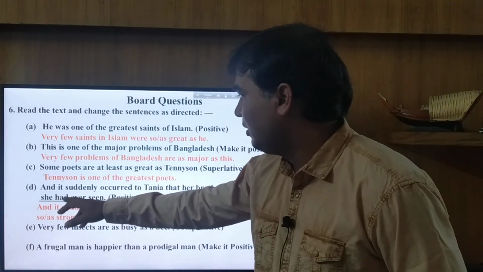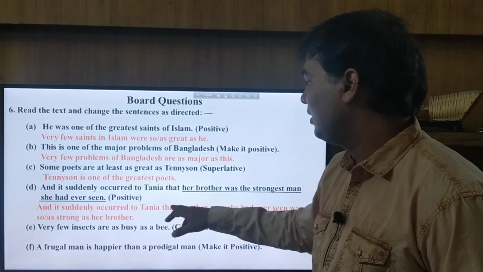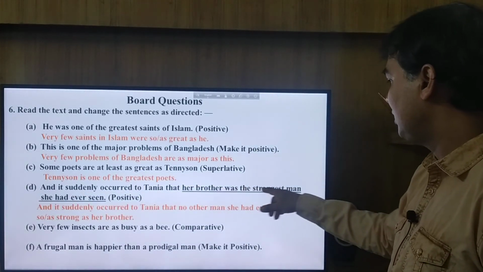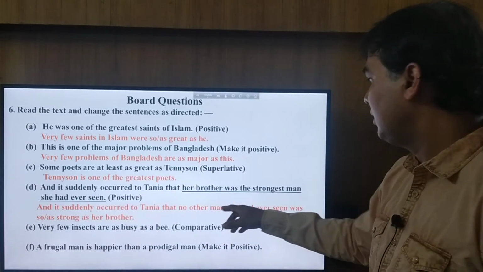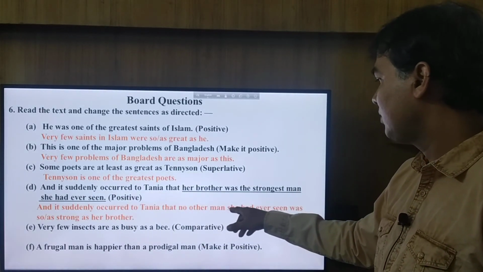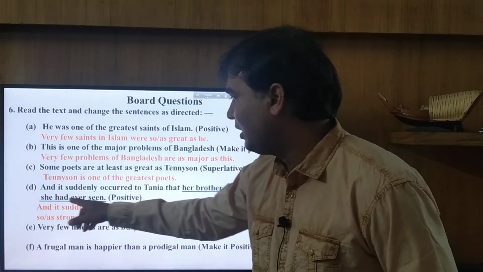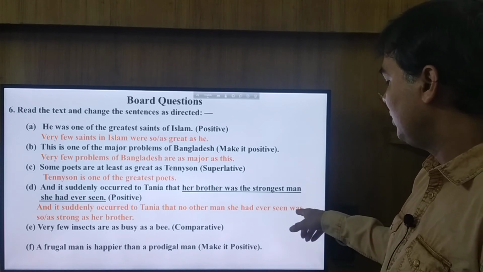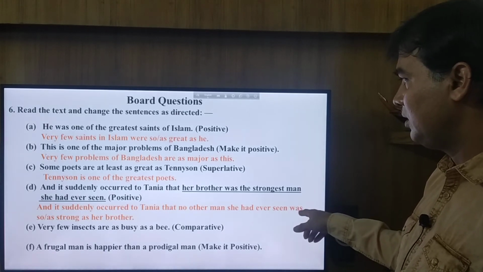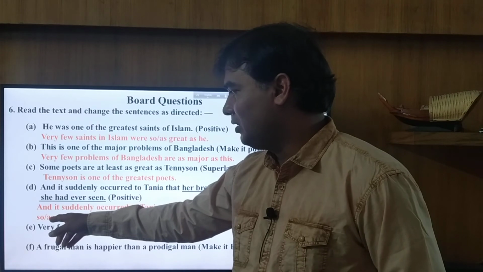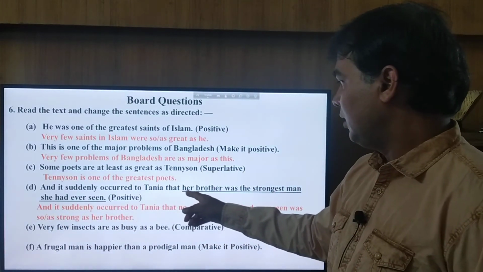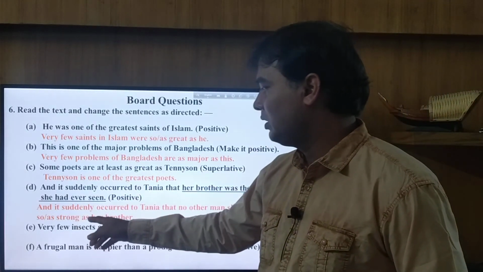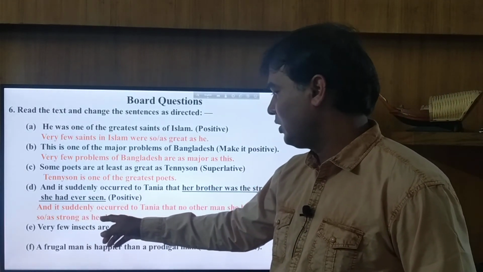Now, her brother was the strongest man she had ever seen. No other man, then the additional words she had ever seen. So, no other man she had ever seen. Now you should write the verb was. Now so or as according to the rule, then the positive form of the adjective strongest, here you should write strong, then as according to the rule, then subject, her brother.